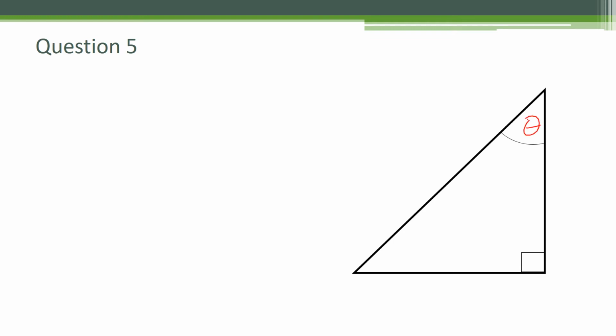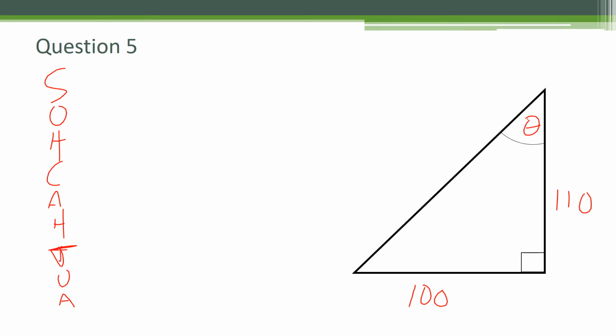I want to start using a little bit. So that's the Greek letter theta. Let's do 100. Let's say this is longer, 110. Why not? Again, how I figure this one out is I make sure my calculator's in degrees. I write down sohcahtoa. Which sides am I working with?